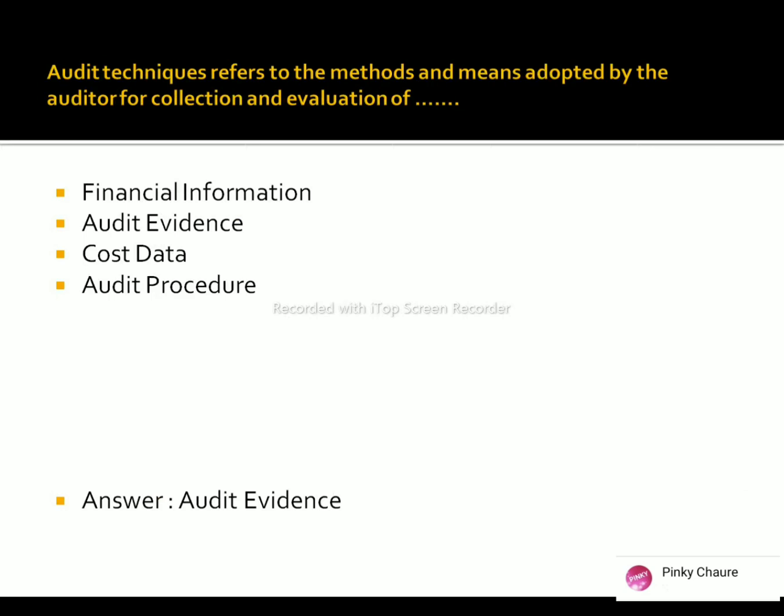Next, audit technique refers to the method and means adopted by the auditor for collection and evaluation of dash. Option is financial information, audit evidence, cost data, audit procedure. Answer is audit evidence.